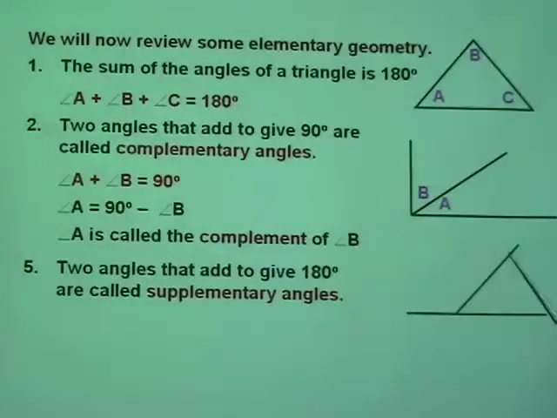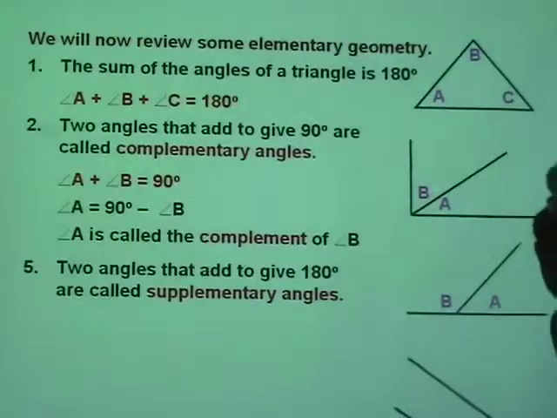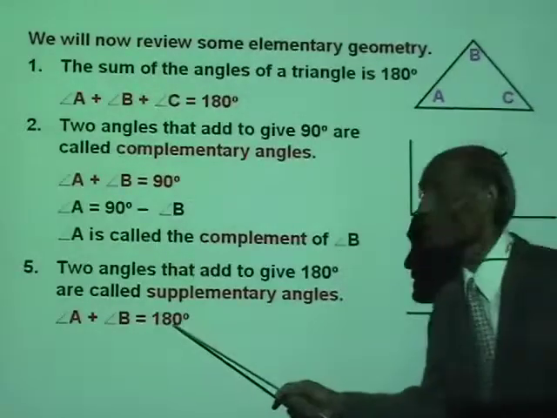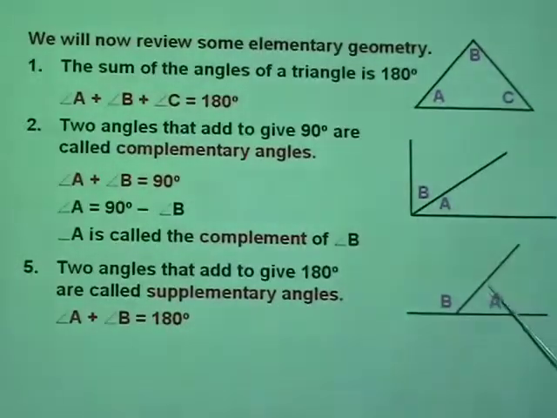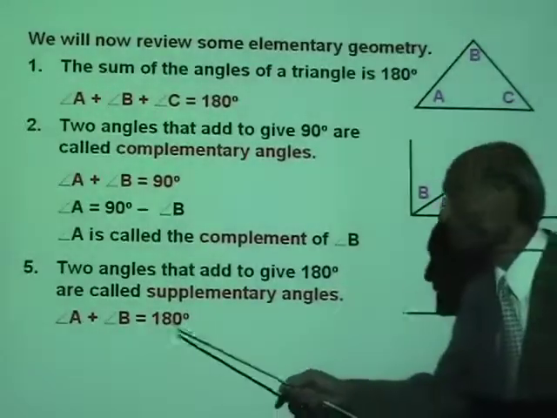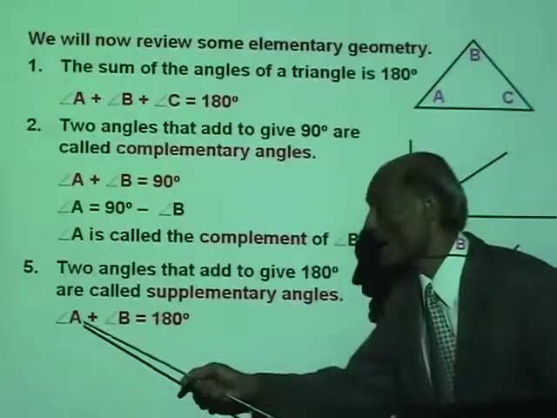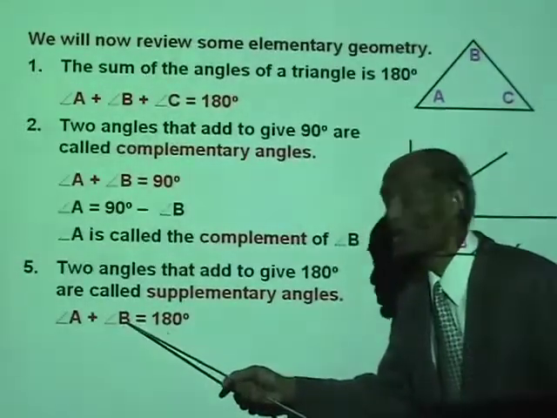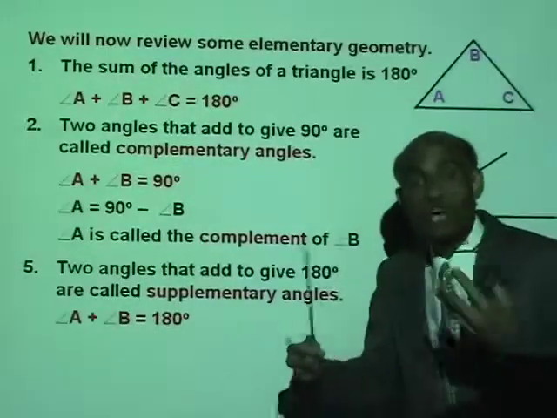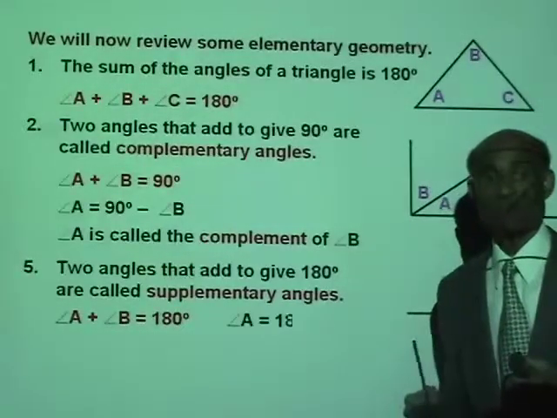If I draw a line there, I get two angles, angle A and angle B. If I add the measure of angle A to the measure of angle B, I get 180 degrees. Then angle A and angle B are called supplementary angles.